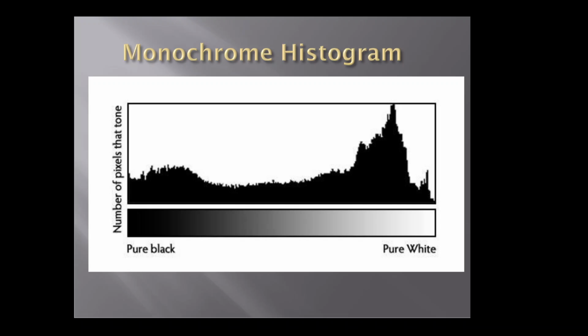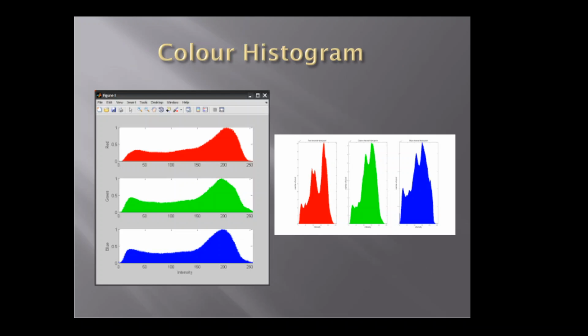On the left we have black pixels, and on the right we have white pixels, and the vertical scale is frequency. So for every point in the image we take a measurement of the color or the gray scale, and we put it into a histogram. We do the same if we use a color camera. We then have three histograms.